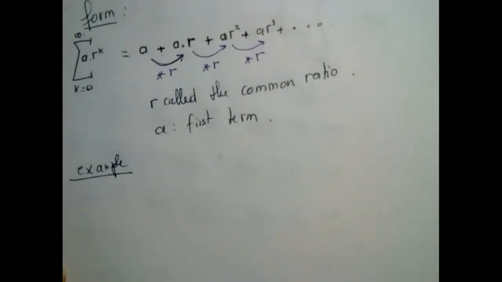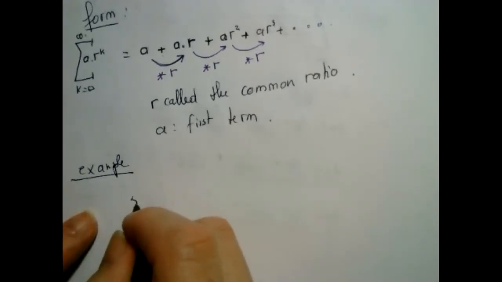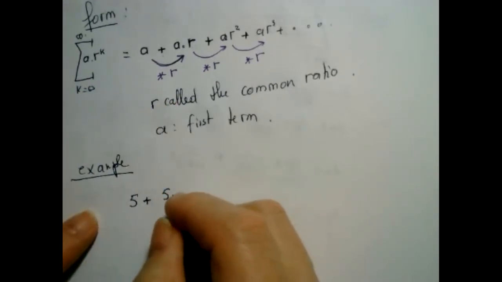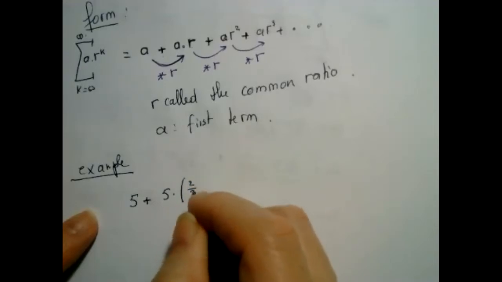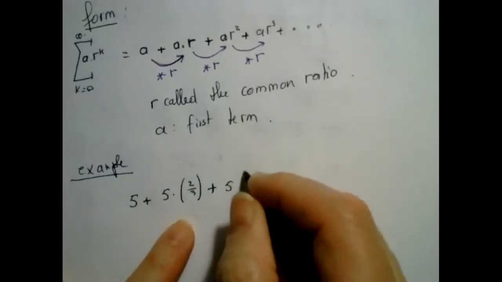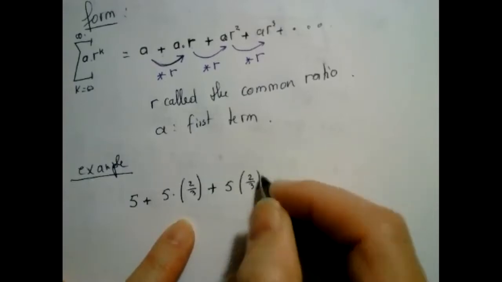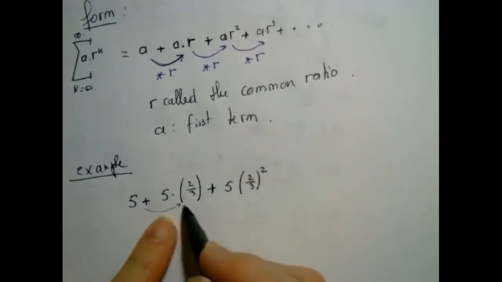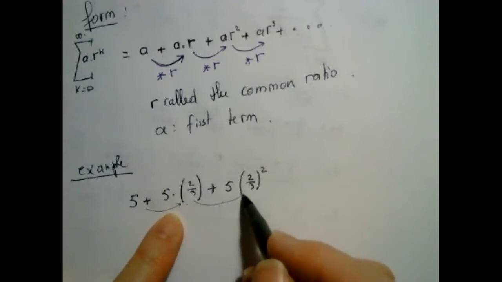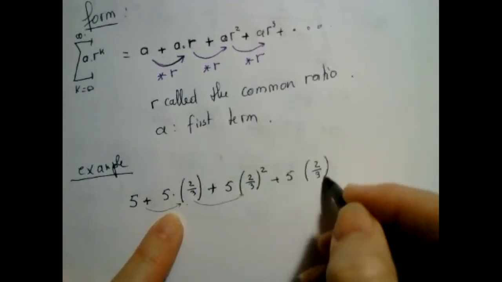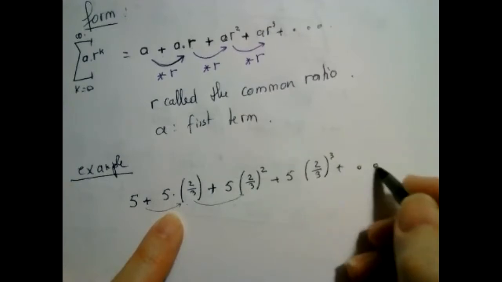A typical example, very straightforward: suppose I give you the following, 5 plus 5 times 2/3 plus 5 times (2/3) squared. That's really how it looks. Every term is the term before it times a constant, plus so on and so forth.